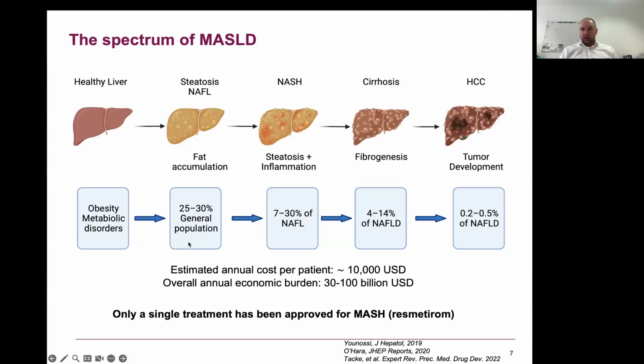And importantly, there's only a single treatment approved so far, resmetirom. I believe that was last year, March or so. But resmetirom is only effective in around 25 to 30% of patients, or resulted in improvements in only 25 to 30% of patients in the pivotal phase 3 randomized controlled trial.